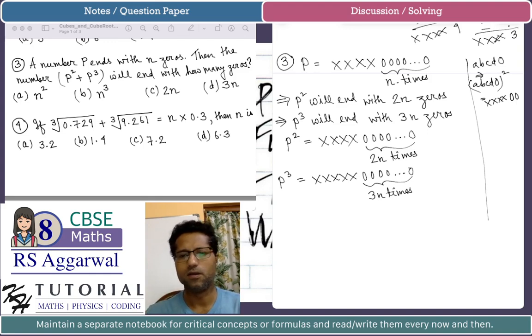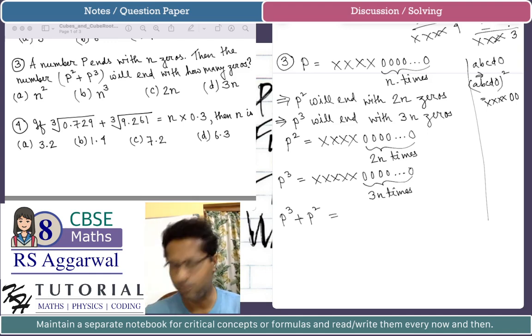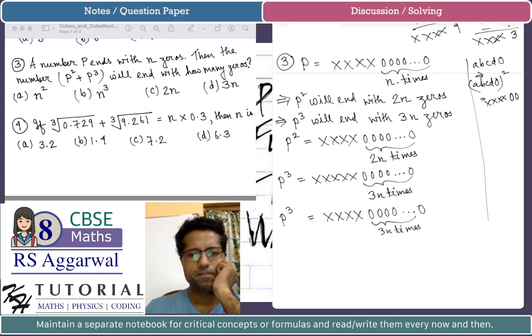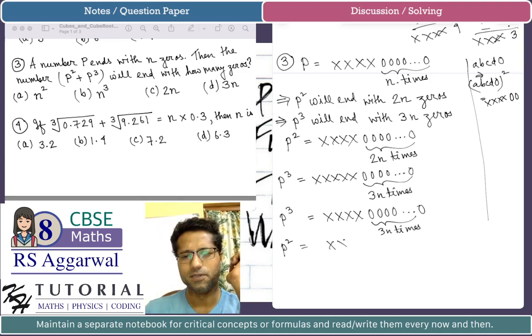So if we add p cube plus p square, let's say p cube is equal to some digits over here, and we have 3n zeros, and p square is some non-zero digits, and it is ending with 2n zeros.